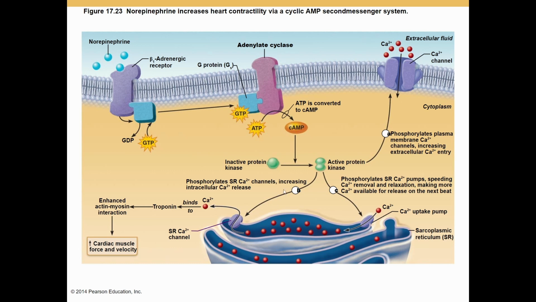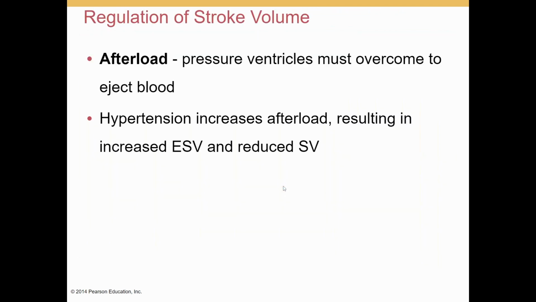It can also increase intracellular calcium release. And again, this is all using a second messenger system that begins with the first messenger, the hormone, binding to a receptor, activating a GTP, and then having that go talk to an enzyme like adenylate cyclase, which uses ATP to make cyclic AMP. And that's what turns on inactive protein kinases.